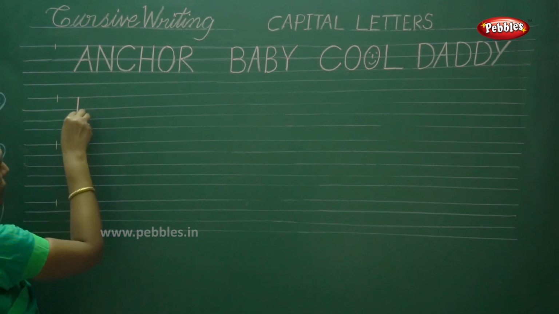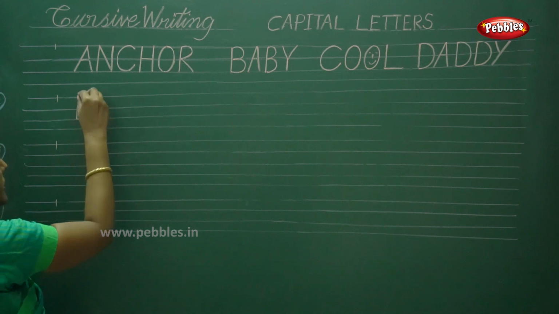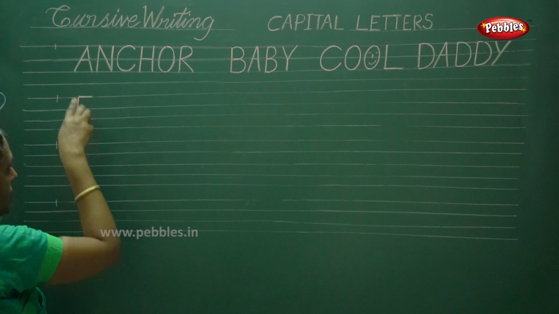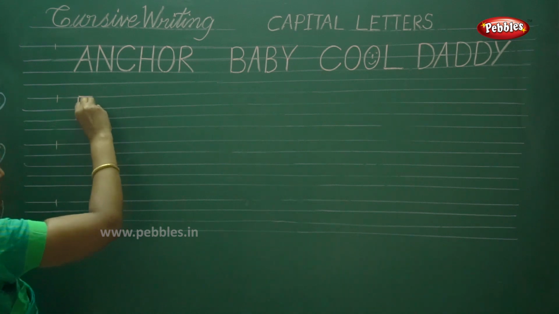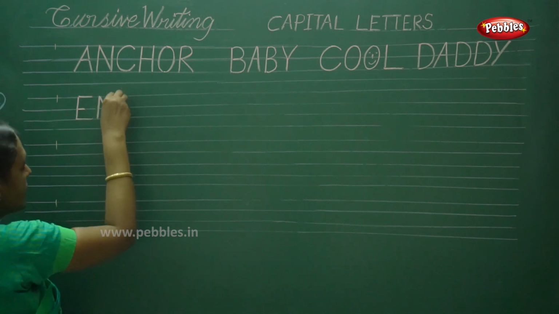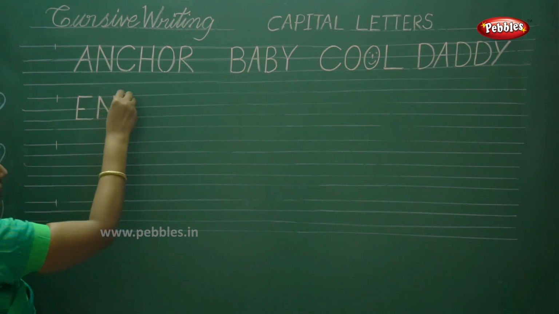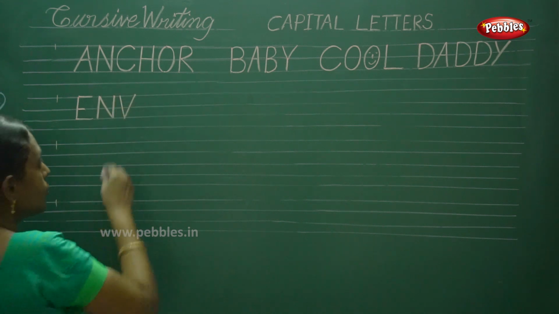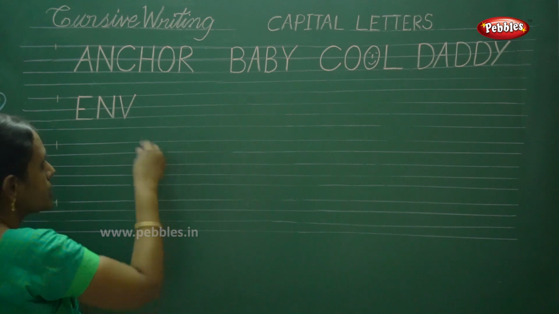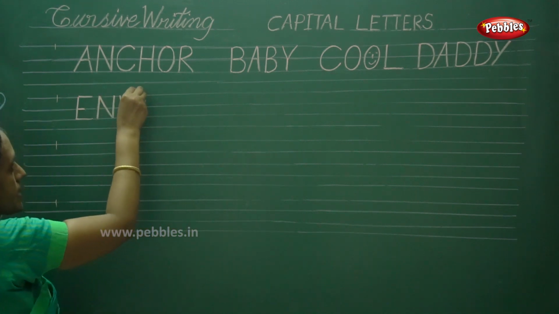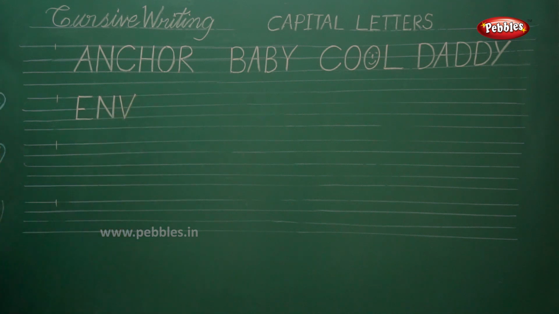We have to write one more bigger word, that is envelope. So, two straight sleeping lines and a center short sleeping line, that is E, and N, straight, slanting and straight. Okay, then V. Don't make the V like that. First start from this, take it out of your hand, and from this ascender take another line to the bottom. Remember that.